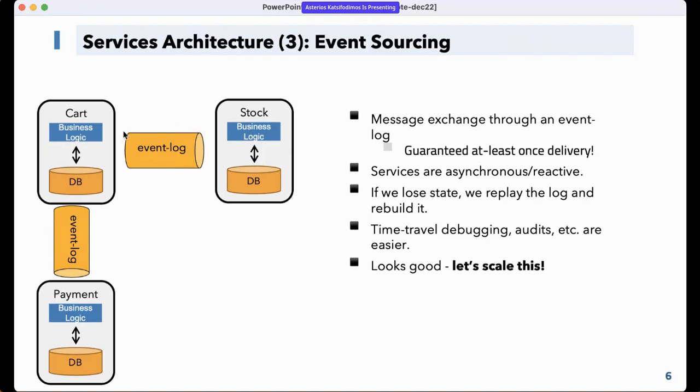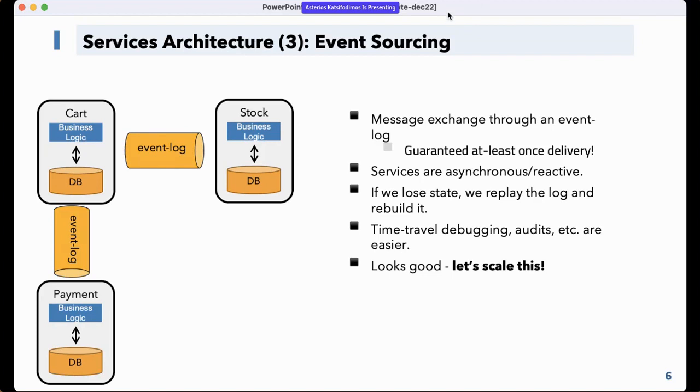Basically, all of the exchanges between the services are going to go through the event log. If the event log is a persistent event log, which means whatever you push inside, no matter whether there are failures happening in the cloud or infrastructure, you're going to have that event received by the receiving service. So if that happens, the event log is going to do the work for you.